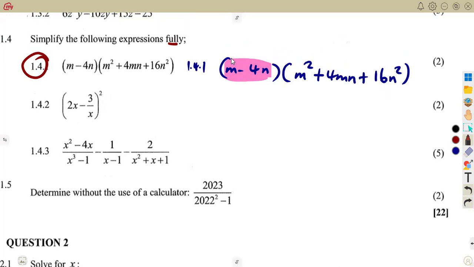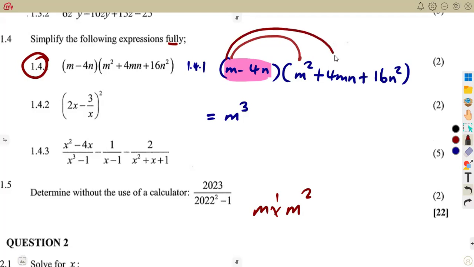All right. So let's start with m. So it's going to be m times m. That is to the exponent of 3. M to the exponent of 3. All right. Your laws of exponents, guys. M times m squared, you simply add the exponents, all right? Then m times 4mn. So it's 4mn like this. So this m and this m will give us m squared. So that's plus, all right, 4m squared n.